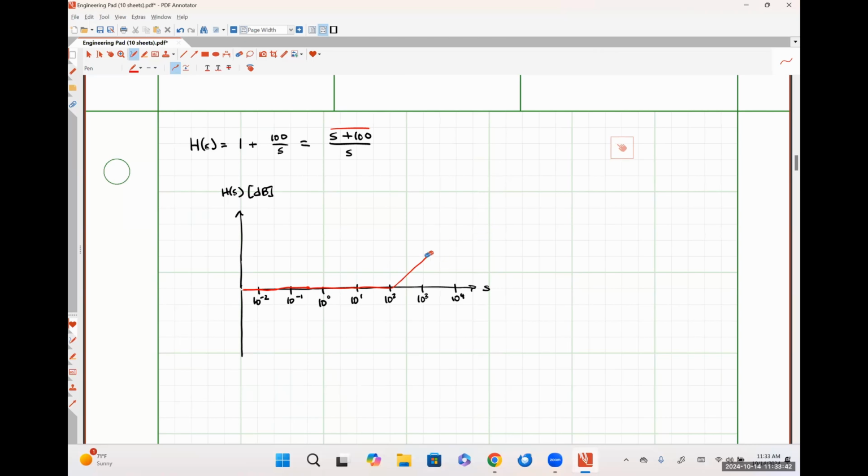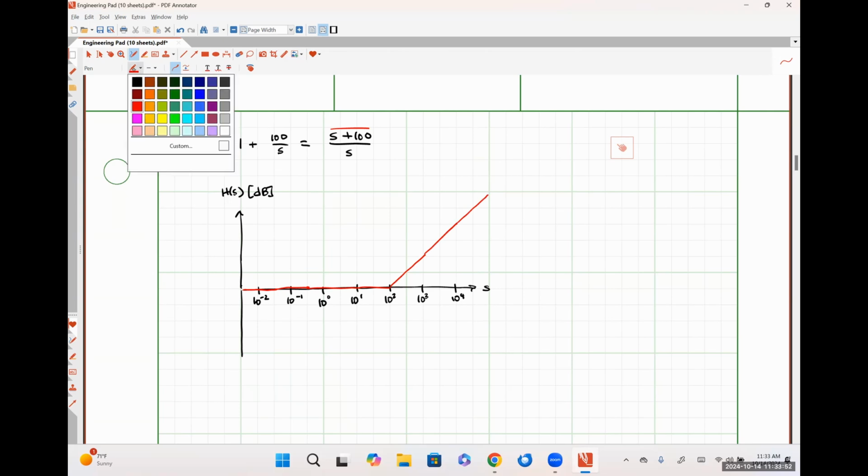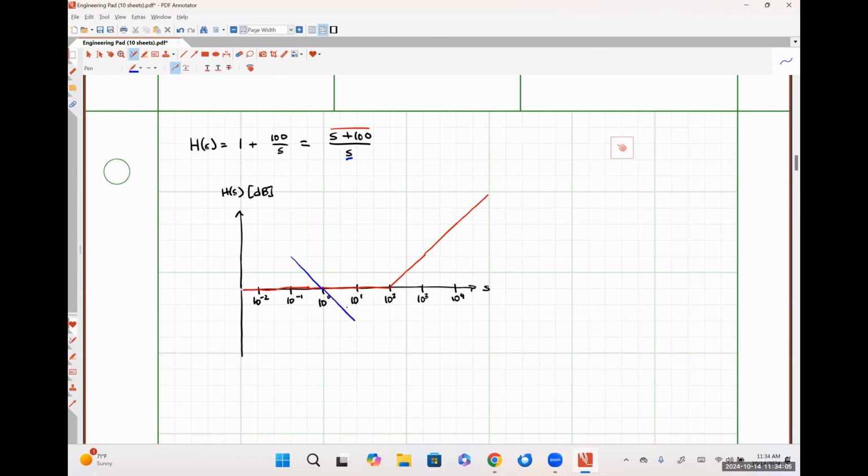That line isn't as correct as I want it to be. Something like that, right? And then I'm going to do our denominator in blue, right? So that's just 1 over S effectively. So we would have something like this.